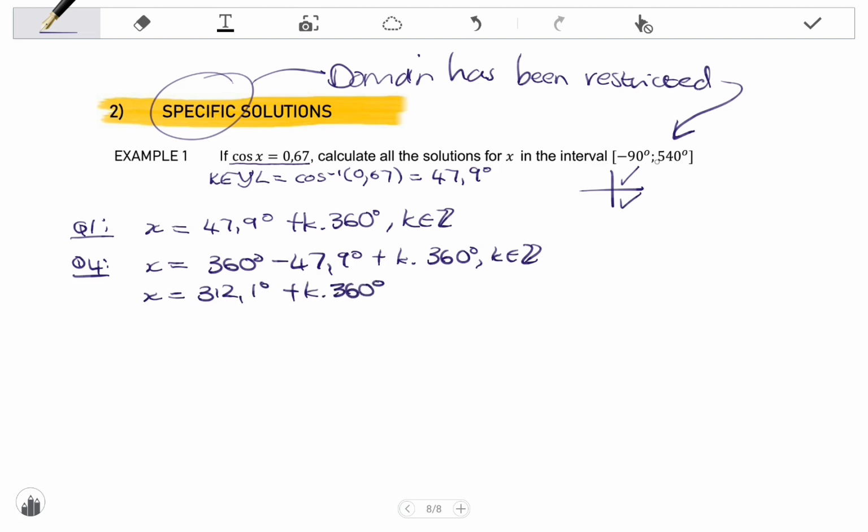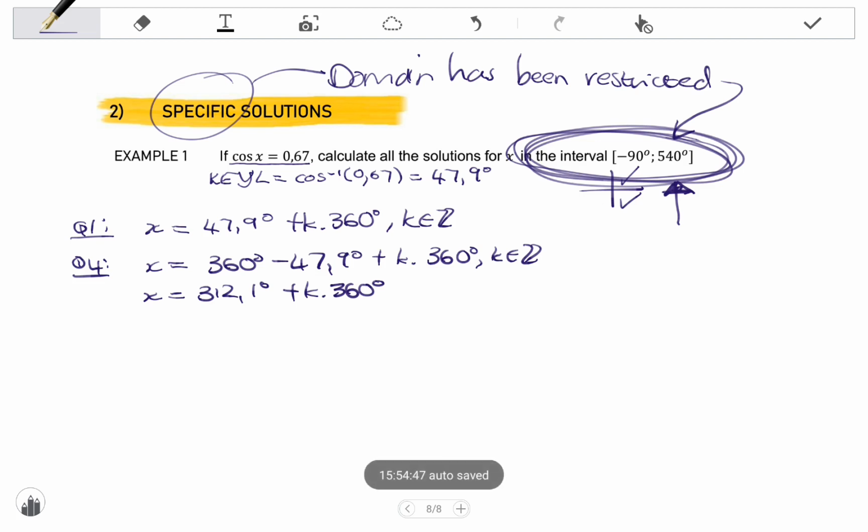Those would be my general solutions, but because the domain has been restricted, I need to find the solutions that are relevant only to the given domain. To do that, I substitute values of k and then write down only those values of the angles that lie in that interval.